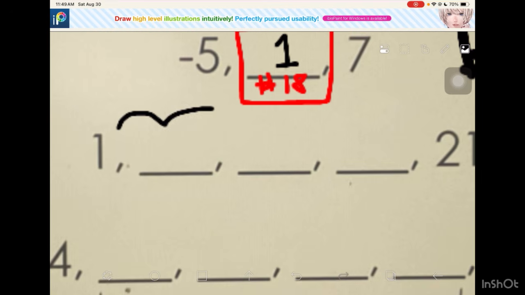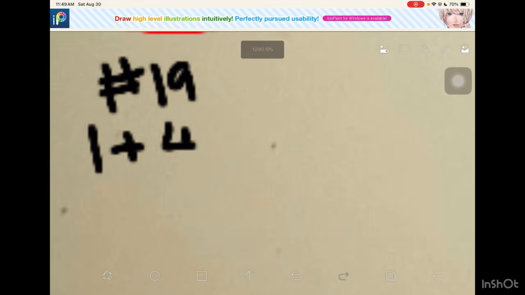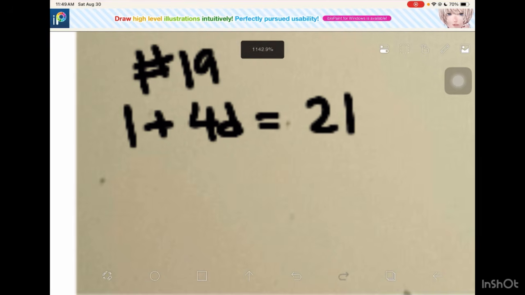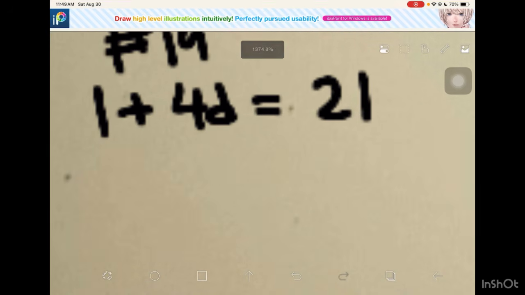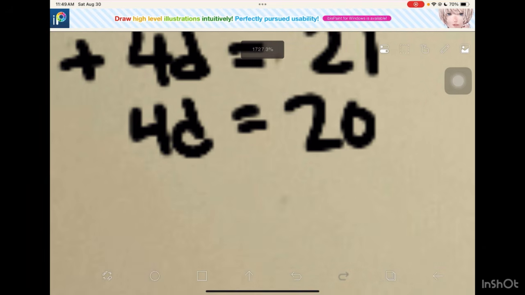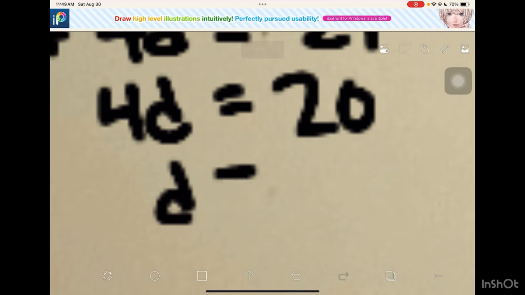So that's 1, 2, 3, 4. So that's plus 4d is equal to the last term, 21. Transposition, so we put the 1 on the other side. So 21 minus 1, it becomes 20 is equal to 4d. And then divide both sides by 4, d is equal to 5.